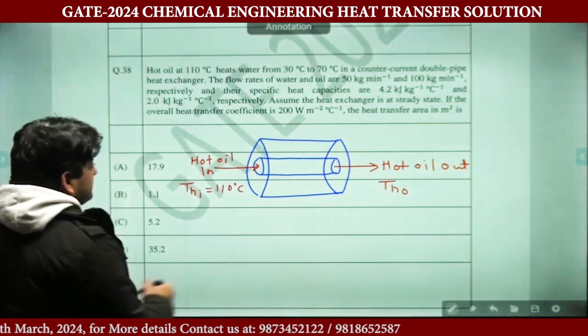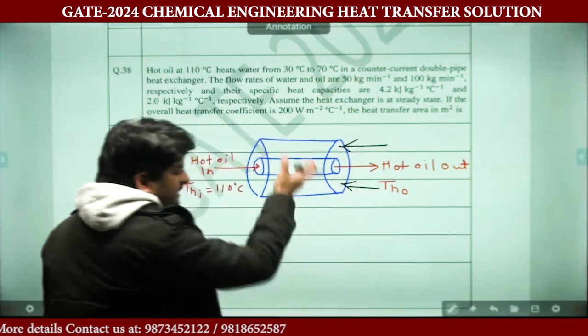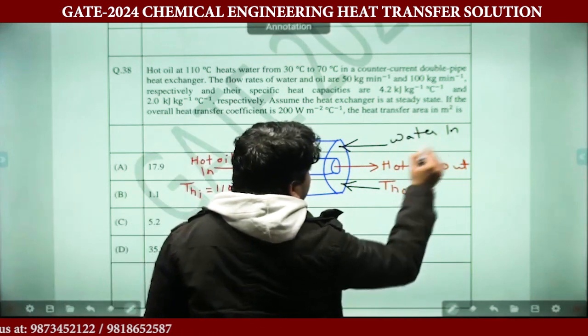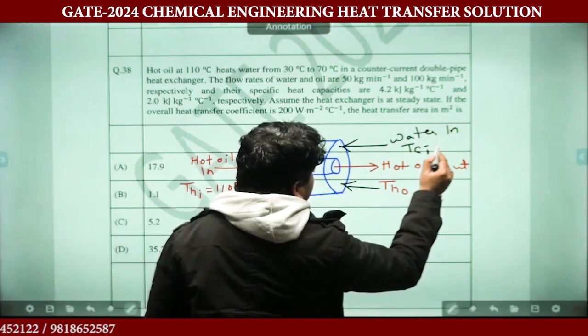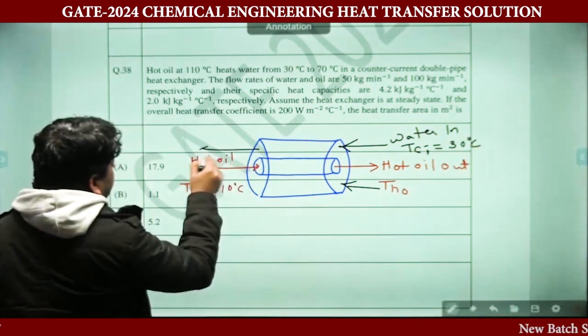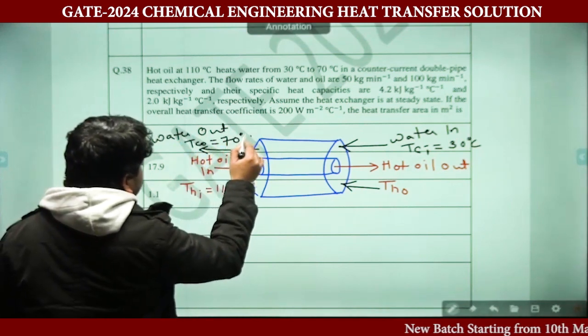And the cold water is entering in the opposite direction in this annulus region at temperature, let's say Tci equal to 30 degrees Celsius, and leaving here at temperature Tc0 equal to 70 degrees Celsius as given.